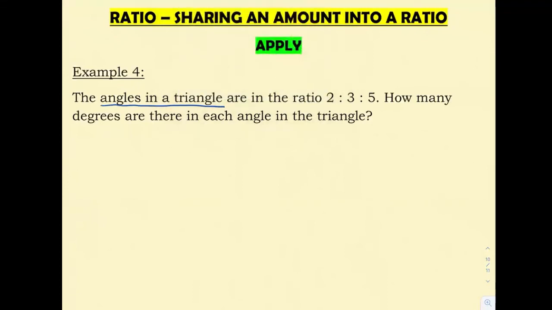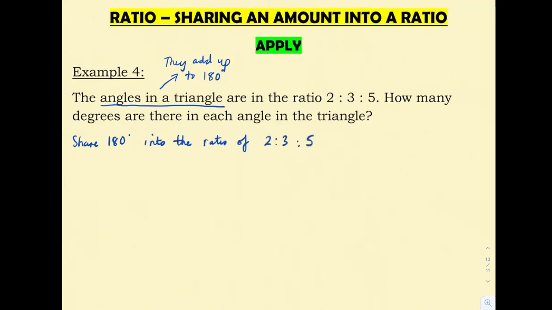And what we know about the angles in a triangle is that they add up to 180 degrees. And it's this 180 degrees that we've got as the total. And so what we want to do is share 180 degrees into the ratio of 2 to 3 to 5.